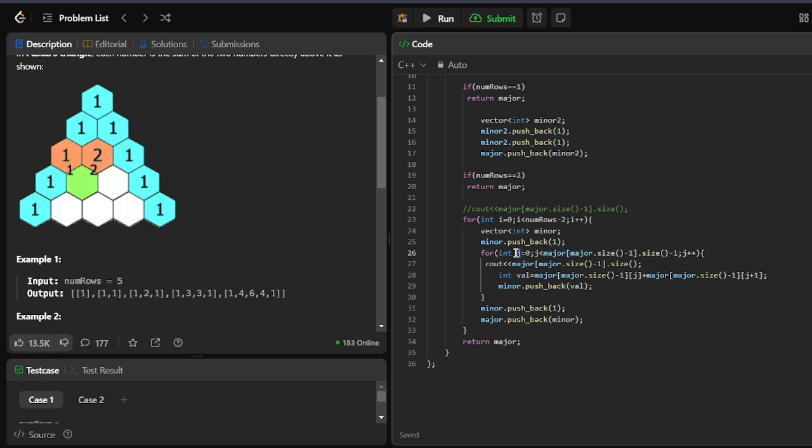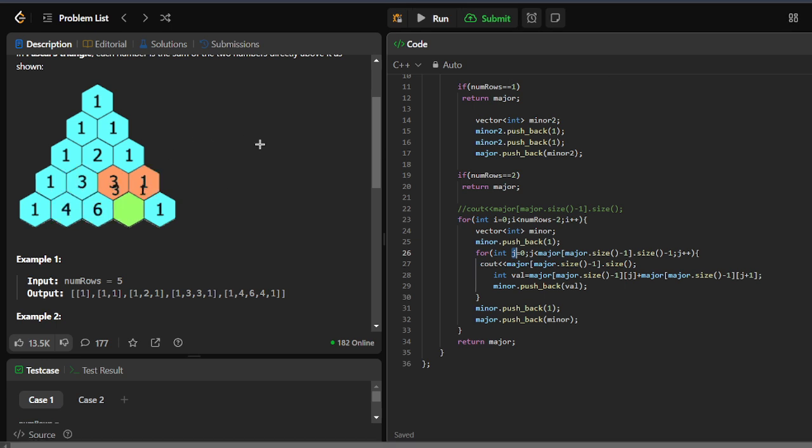J is denoting, suppose our major vector before this contains one, comma, and again one, comma, and this closing thing.